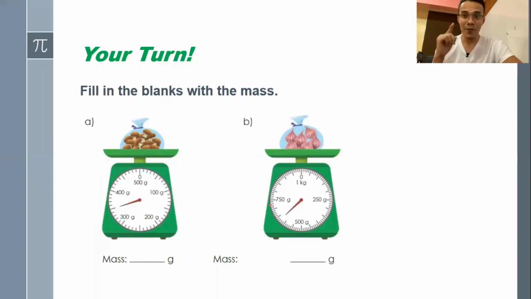Let's see if you know how to measure the mass of objects in grams. I'm giving you time to do this, and please try your best to read the mass of each object. Your time starts now.